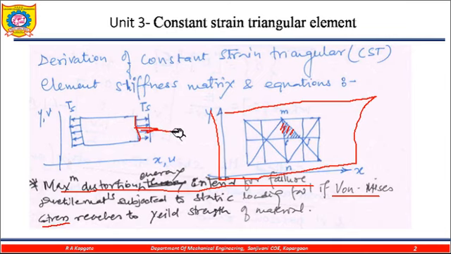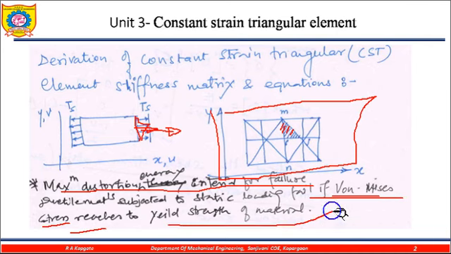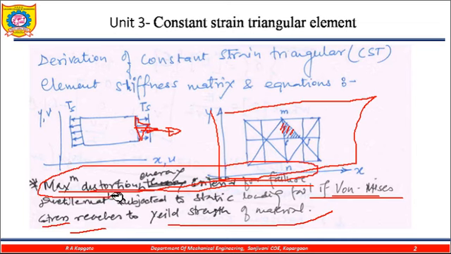One is the point load, and the second is the traction load. So whenever a plate is subjected to such forces, it may fail when the stress reaches the von Mises stress, which means the maximum distortion energy criterion for failure.